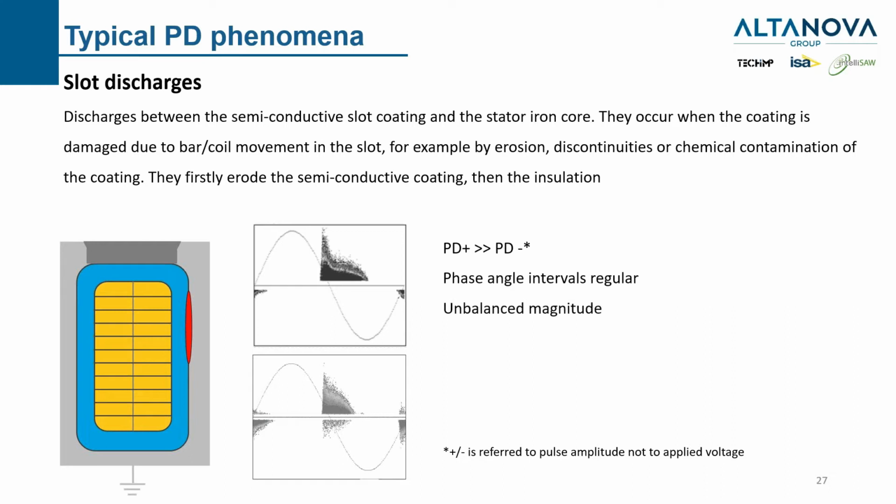There is, of course, an unbalanced magnitude, but reversed with respect to the conductor side delamination. The PD normally starts before the zero crossing. And one particular thing is that if you look at the PRPD pattern, it is triangular shaped, but the highest PD values occur close to the zero crossing and not, as in a regular triangle, in the middle of the phase angle range.